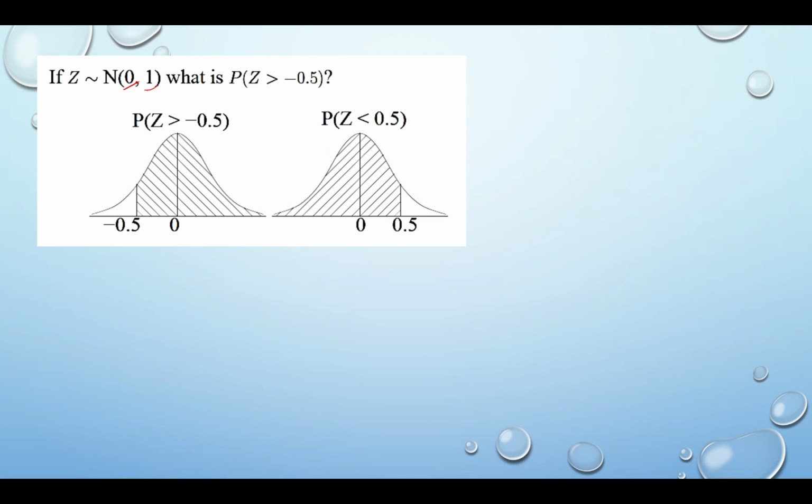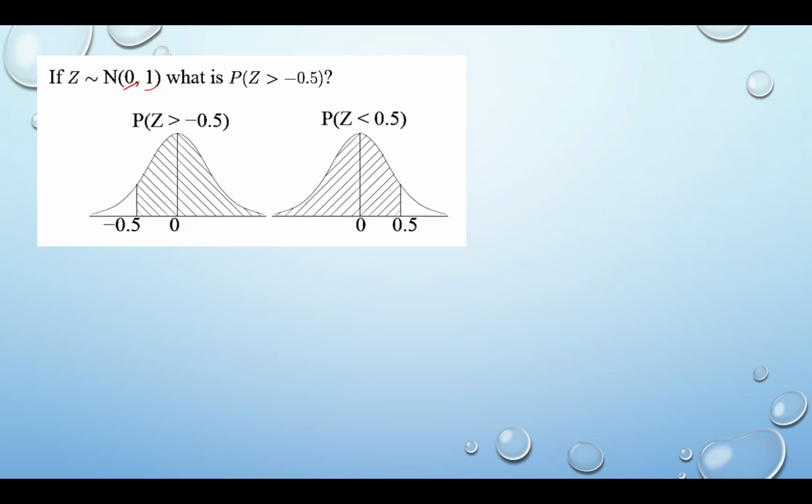What is the probability? As I said in our previous video, the area also represents the probability. So instead of asking what is the area for Z greater than negative 0.5, we ask what is the probability of the Z score greater than negative 0.5.